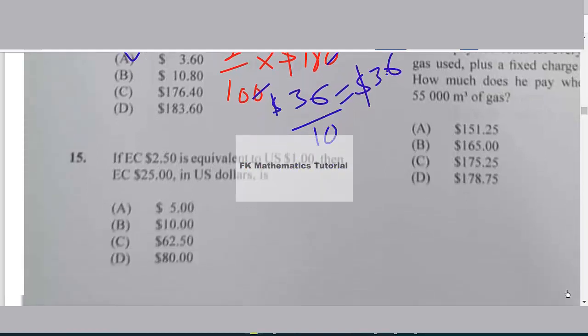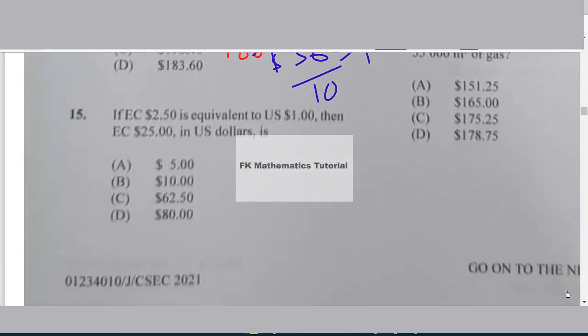Number 15. If 2.5 EC dollars is equivalent to $1, then 25 EC dollars in US dollars is what? So we're told that we have EC dollars and we have US dollars here.